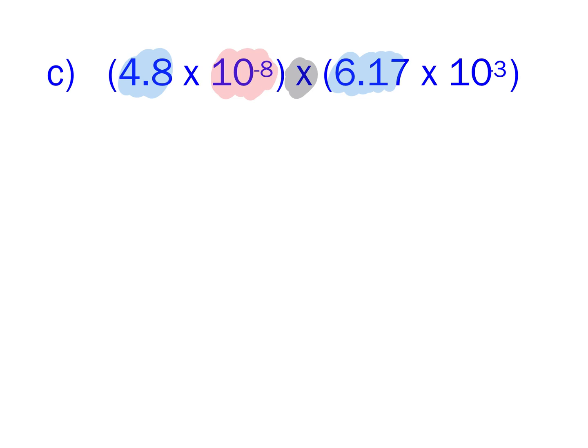And we're going to multiply these powers. So let's multiply the numbers first. What do you get when you multiply those numbers? 29.616. Okay. Times 10 to the exponent what?